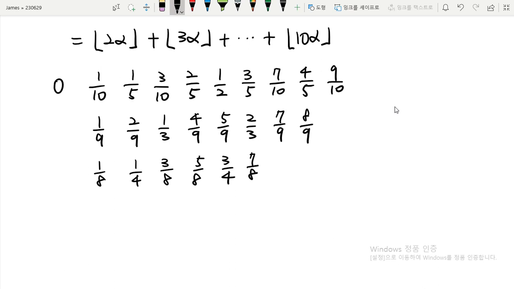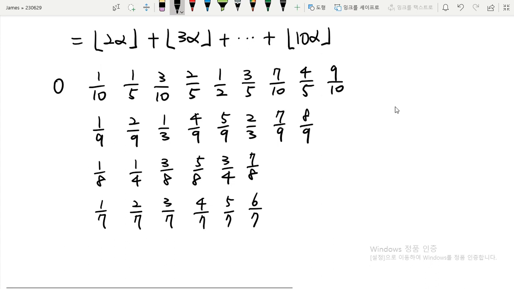And the next one is 7 times alpha. And next one is 6 times alpha. And 2/6 is 1/3. 1/3 is already here, so we don't have to include the 2 over 6 twice.